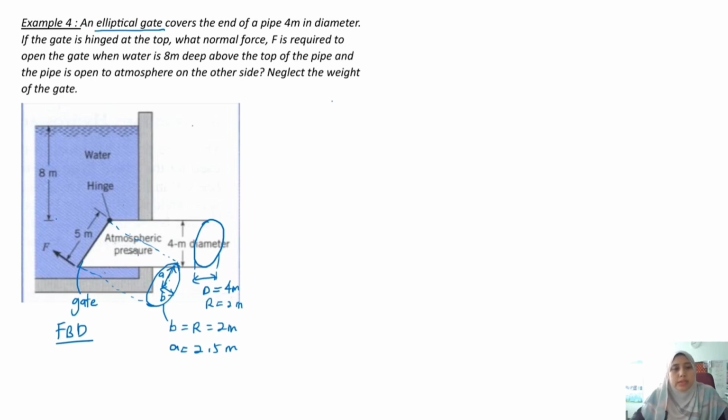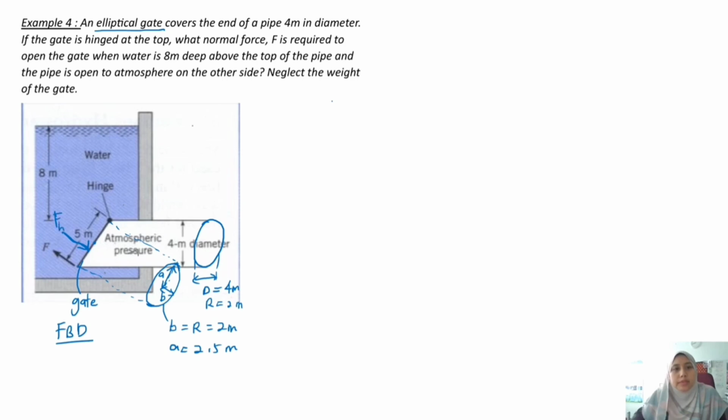Where is the hydrostatic force? It's slightly below the centroid. Let's say this is the centroid. The hydrostatic force must act slightly below, through CP. CP is the center of pressure.